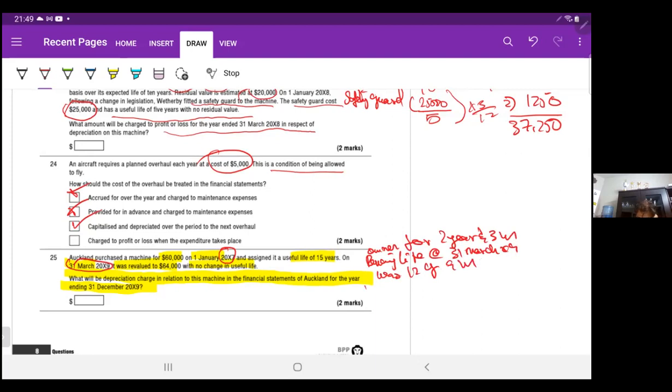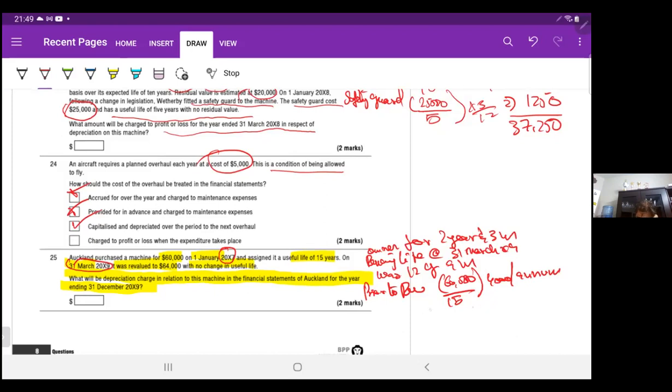Prior to revaluation, it was depreciated at 60,000 divided by 15. That means 4,000 per annum. Isn't it? So the charge for the first 3 months of 20X9 was 4,000 divided by 15 into 3 divided by 12.